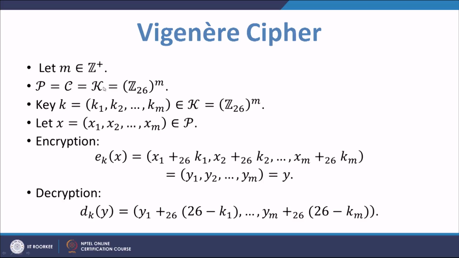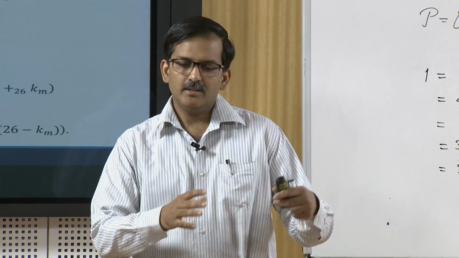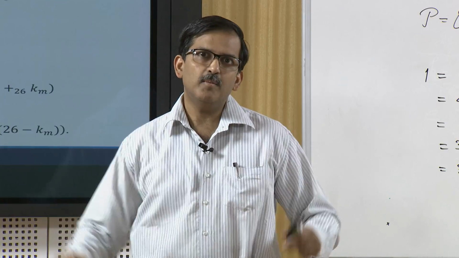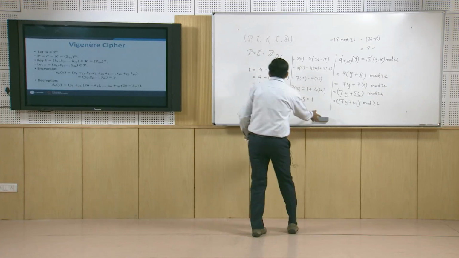So, that goes like this: we start with a positive integer m, an element of Z superscript plus, and P, C, K are all Z sub 26 to the power m. That means they are elements of Z26 Cartesian product by itself m times. So, let me write it down over here.